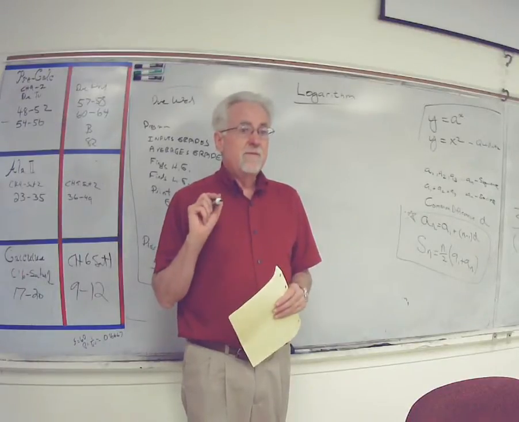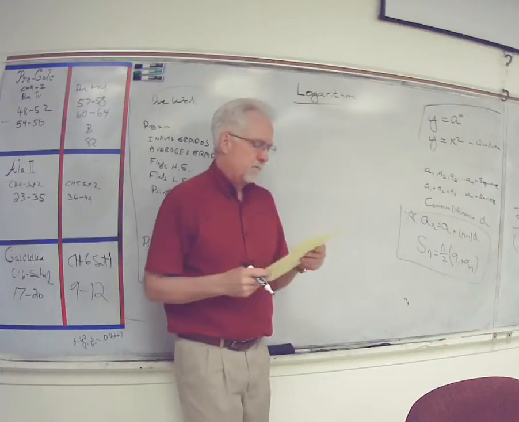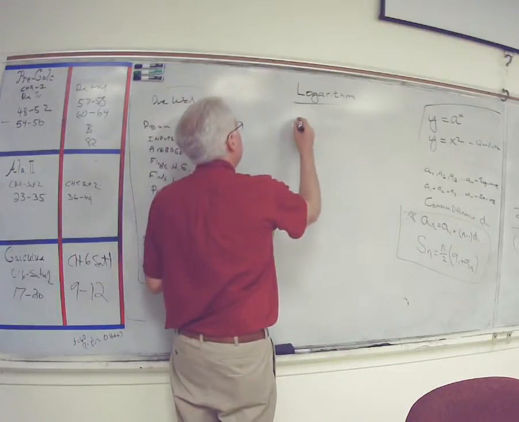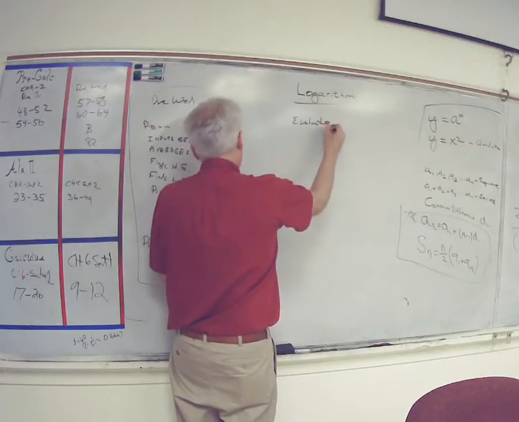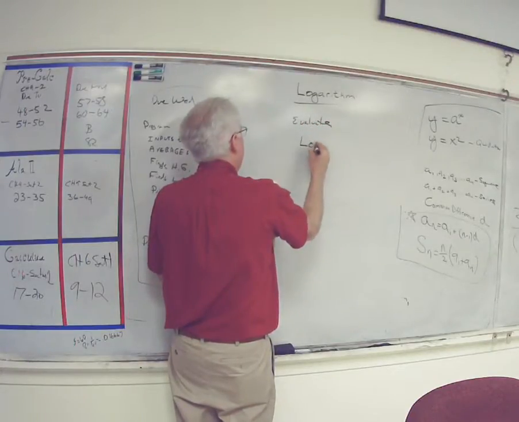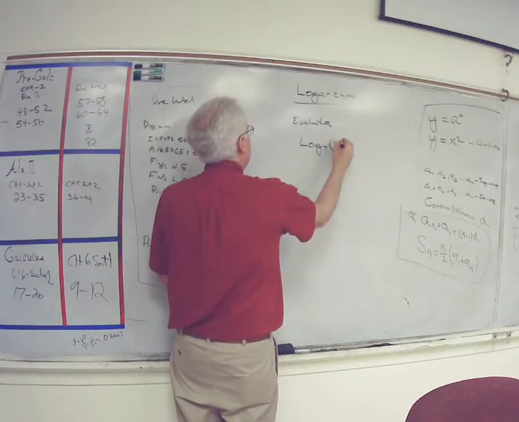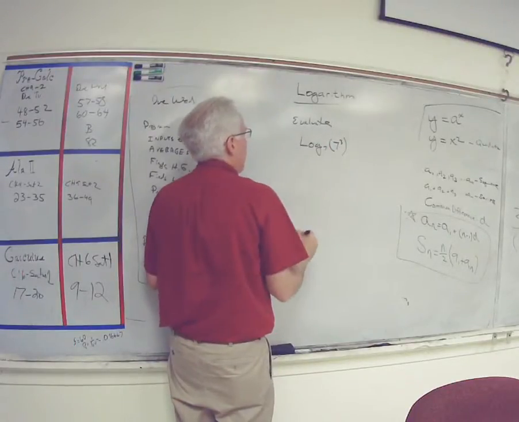All right, now we're going to find out one of the really important properties of logarithms. What if I wanted you to evaluate log base 7 of 7 raised to the 3? How would I do that?